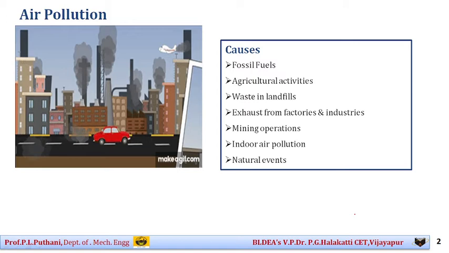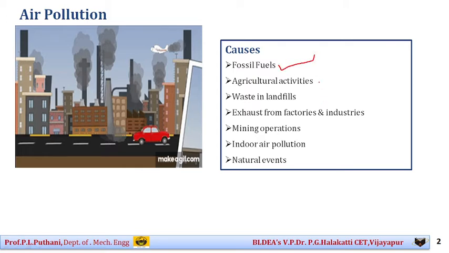Similarly, every city has installed new industries where fossil fuel is consumed, and the gases emitted directly enter the air, causing heavy destruction to the air. That is the reason we have placed fossil fuels at number one in the causes.